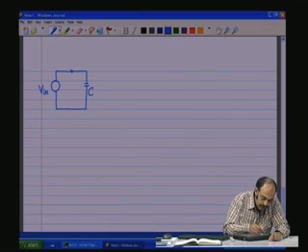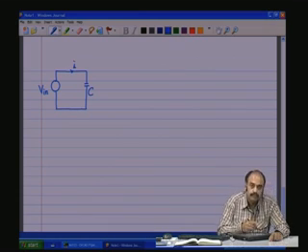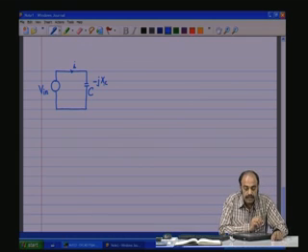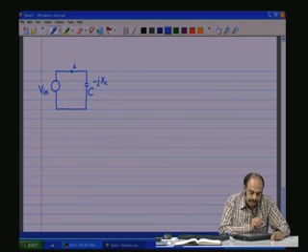Now, there is a current I flowing. The capacitance is going to offer an impedance, a capacitive reactance, which is minus j into XC, minus j into XC.